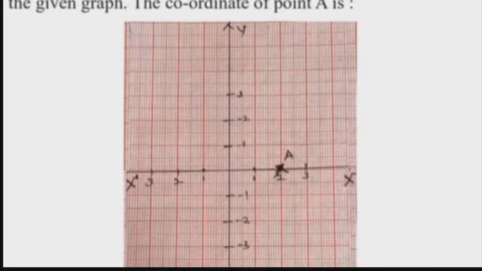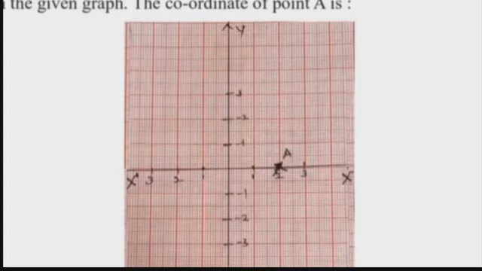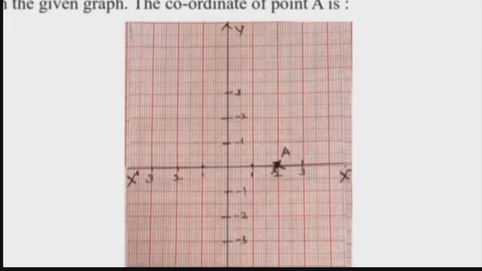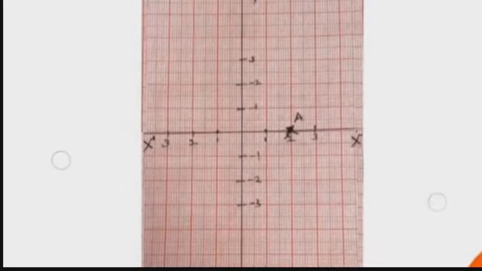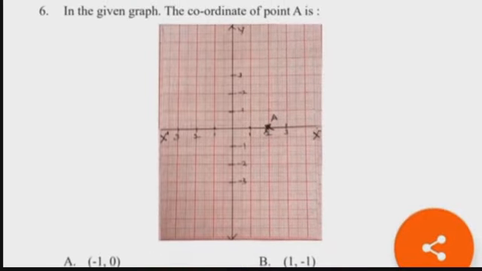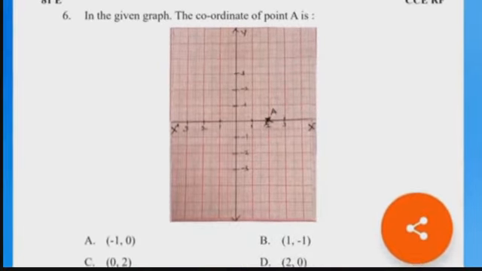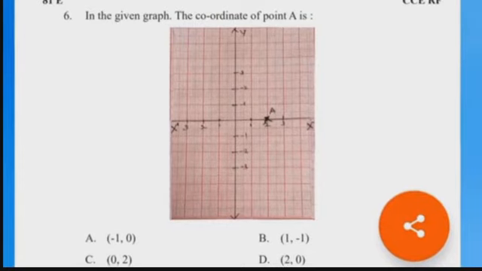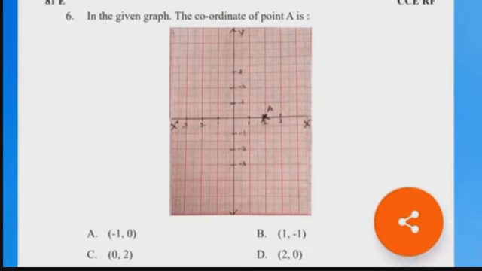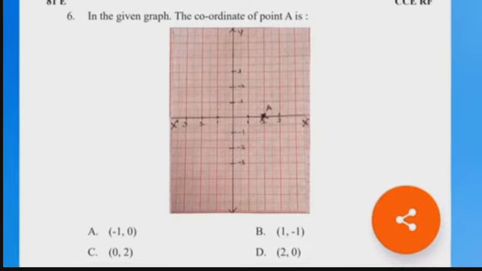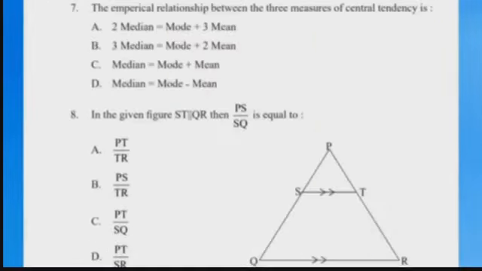So the x-axis value will be 2, and the y-axis they have not mentioned, so the y-axis value will be 0. So the point is on the x-axis, and the coordinates of A will be 2, 0. So the D option is correct. You need to choose and shade the D option. Now moving on to the next question.